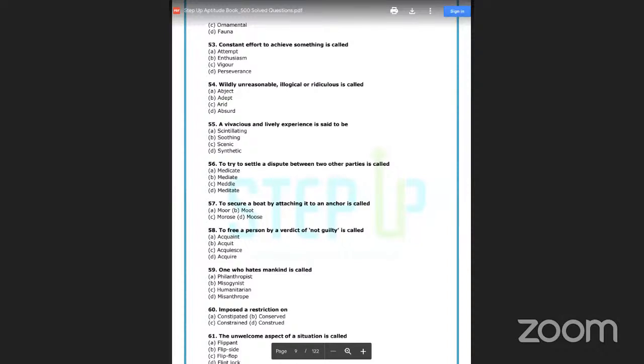Then 56. To try to settle a dispute between 2 other parties is called what? You try to settle down the dispute. It's B, ma'am. Yes, mediate.